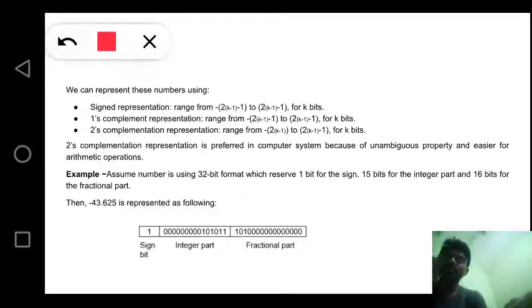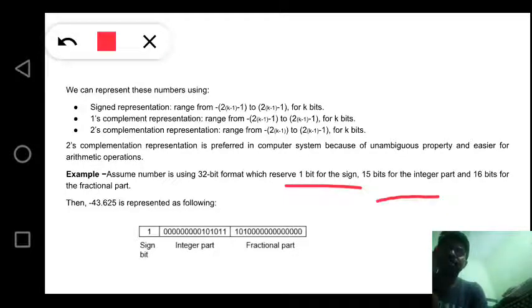So assume the number is using a 32-bit format, which reserves 1 bit for sign, the remaining 15 bits for the integer part and 16 bits for the fractional part.